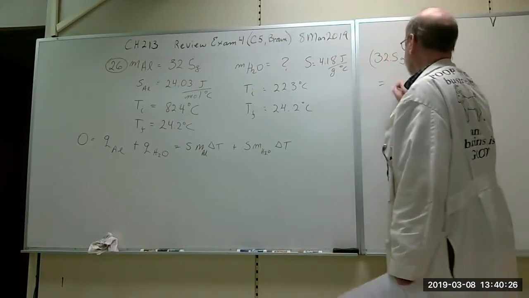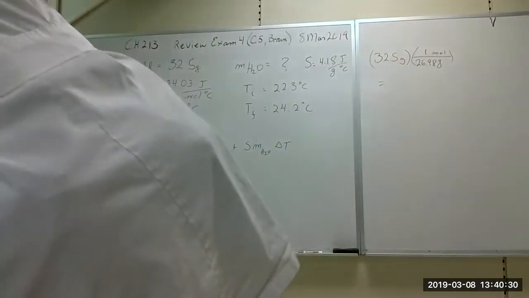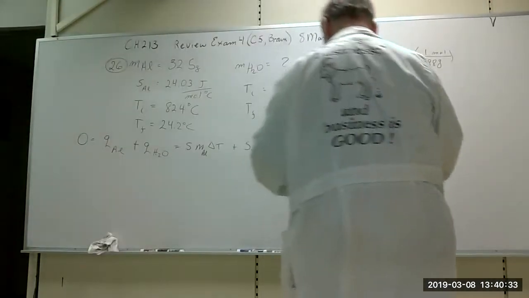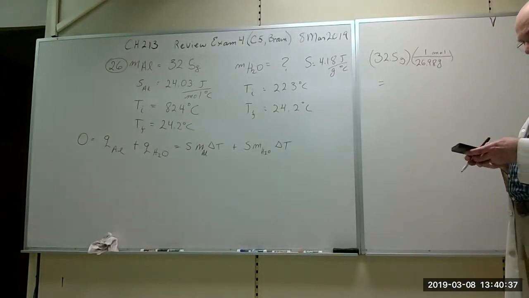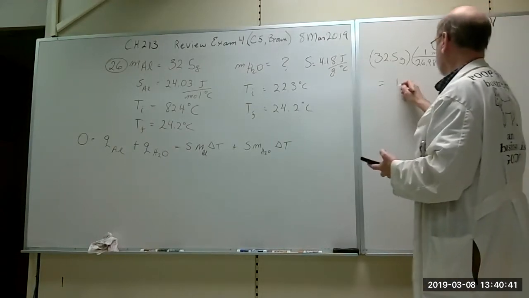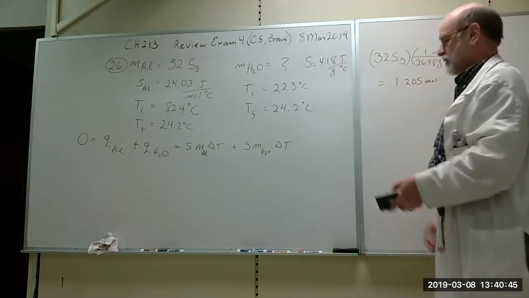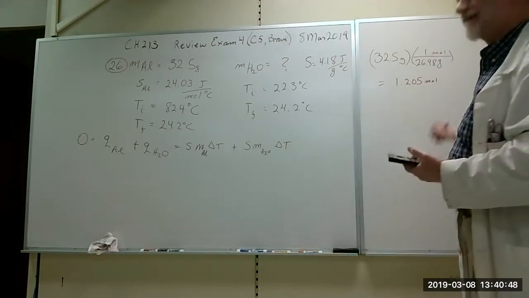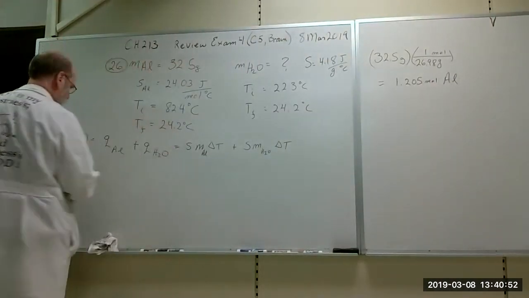So we just need to divide that into 32.5. 32.5 divided by 26.98 is 1.205 moles of aluminum. Okay? So now we go back to this problem.